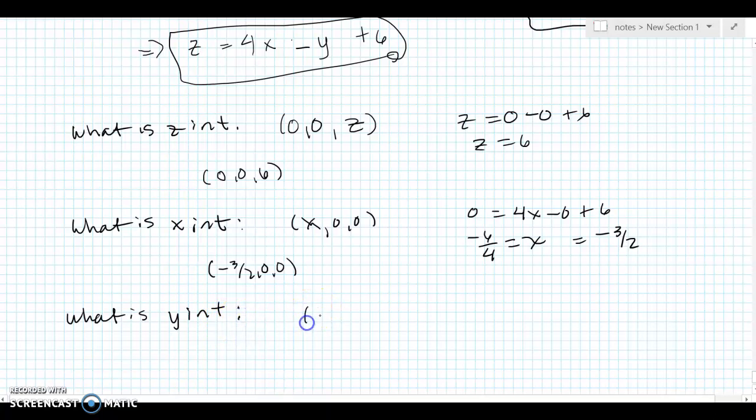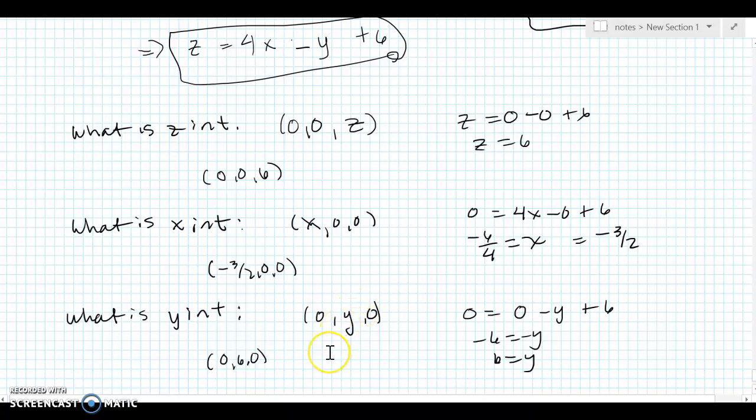X and z are 0, so you have to find the y value. We have minus y plus 6, so you would get minus 6 equals minus y, or 6 equals y. And so the y-intercept is 0, 6, 0. And there's the plane that passes through those points.